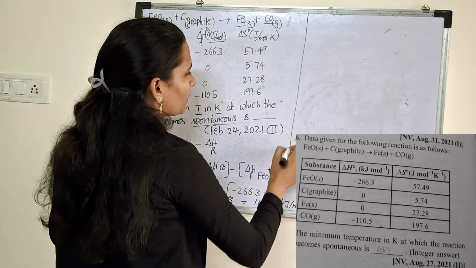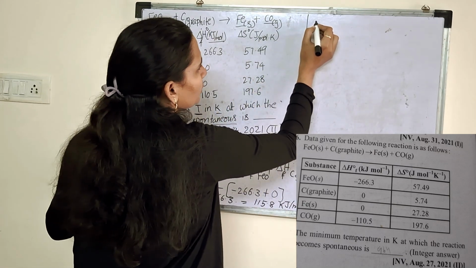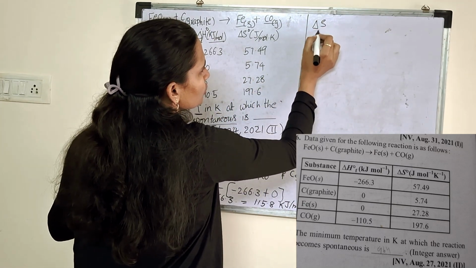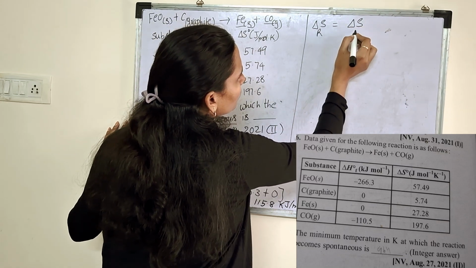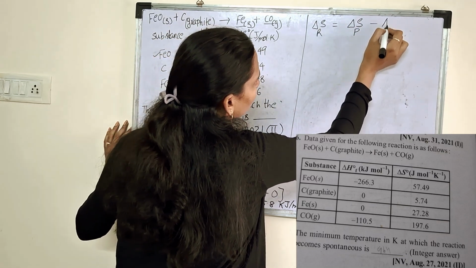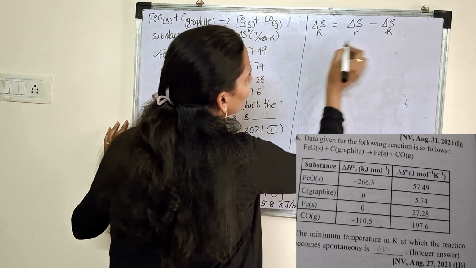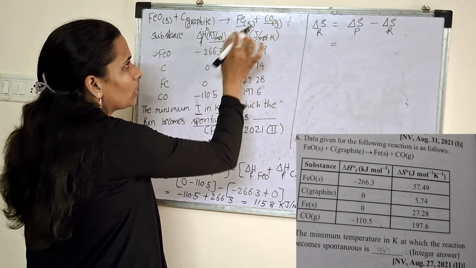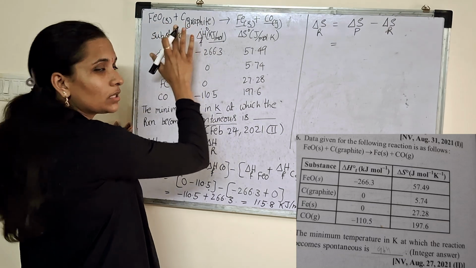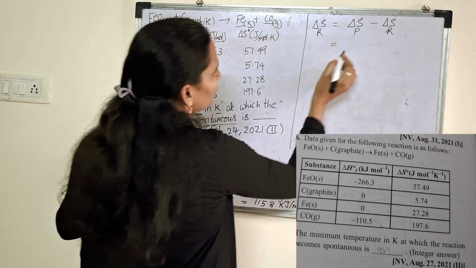Now we have to calculate delta S for the reaction. The formula is delta S of products minus delta S of reactants. The products are iron and carbon monoxide, and the reactants are FeO and carbon graphite.